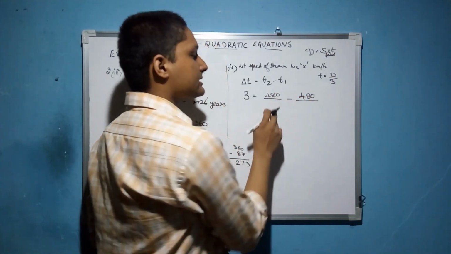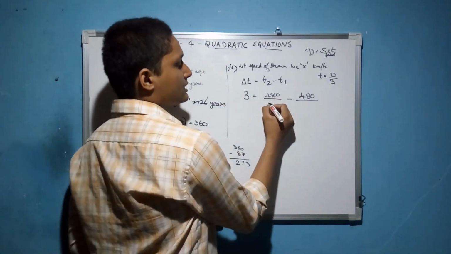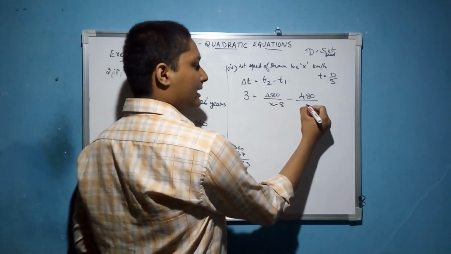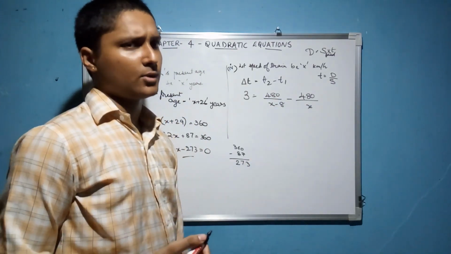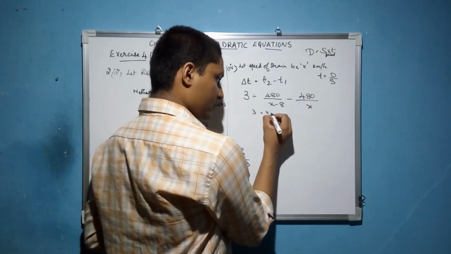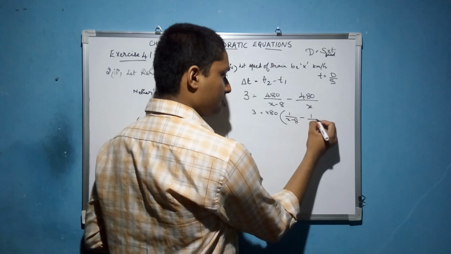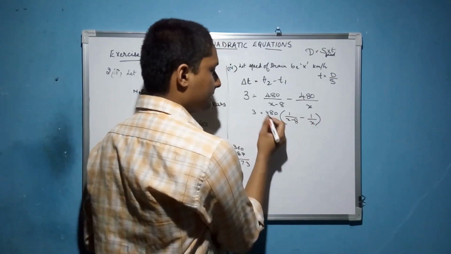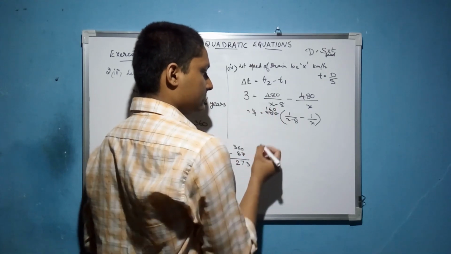But the speed here was 8 km per hour less, so it is going to be x minus 8 here and x here. We'll take the 480 out, otherwise it becomes problematic. So 3 is equal to 480 into 1 by x minus 8 minus 1 by x. Okay, now we'll take the LCM. Before that, we'll just cancel this off. This comes to be 160 and this is 1.